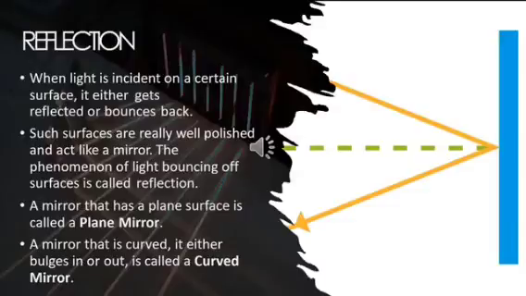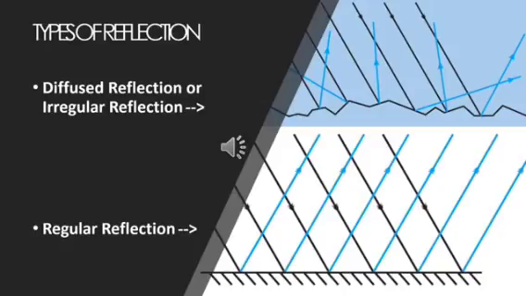This is the second property of light which we are going to talk about. You just have to remember the term reflection, and you have to remember how you define reflection. Now reflection can be of two types. One is irregular reflection and the other one is regular reflection. Now what is irregular reflection?